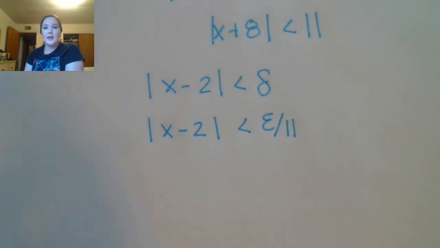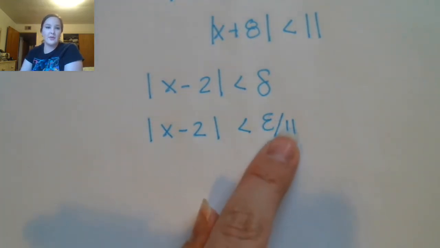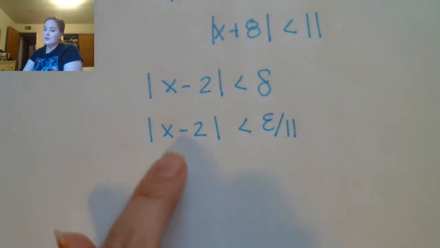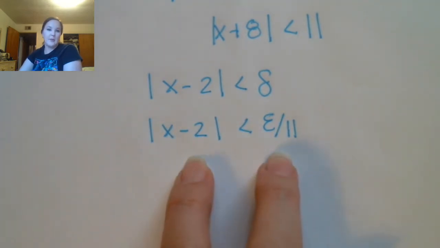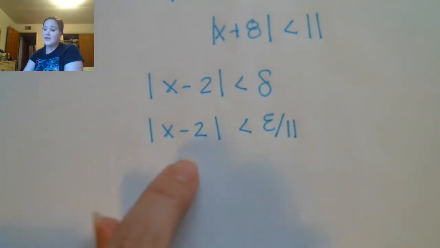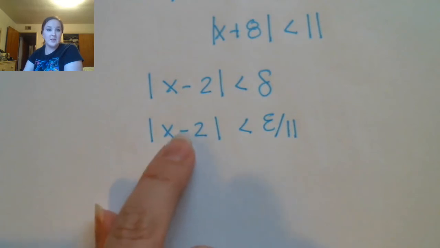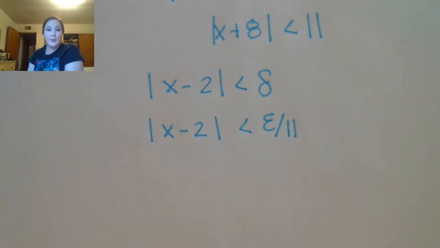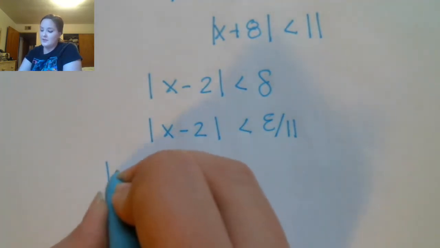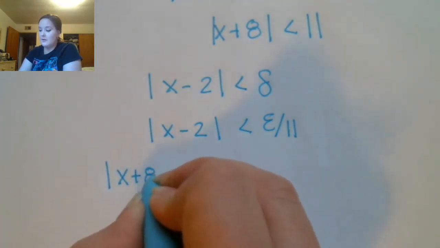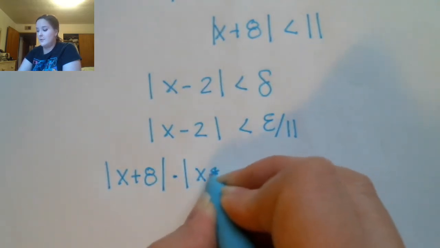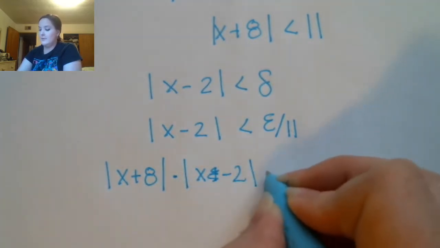Again, this is true whether epsilon over 11 is bigger than 1 or not, so this is always less than that. Now we're going to multiply both sides by the absolute value of x plus 8, because that's what we need to transform this into our original function.